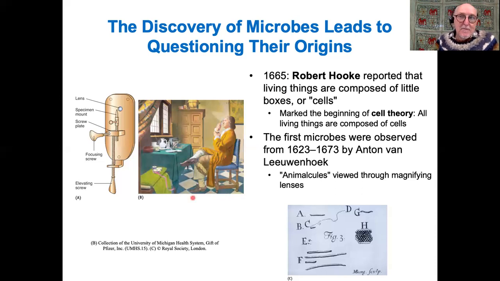He manufactured a little machine to use it. And this is it here. It consisted of a plate like this. Here is the lens there. He would manufacture these small lenses and embed them in a hole in this plate. So he could hold this plate like this in front of his eye. His great innovation was that he made this little point here on which he could place a droplet or a specimen.